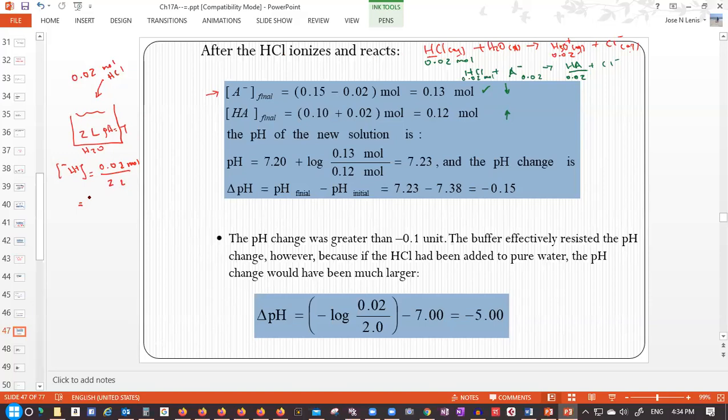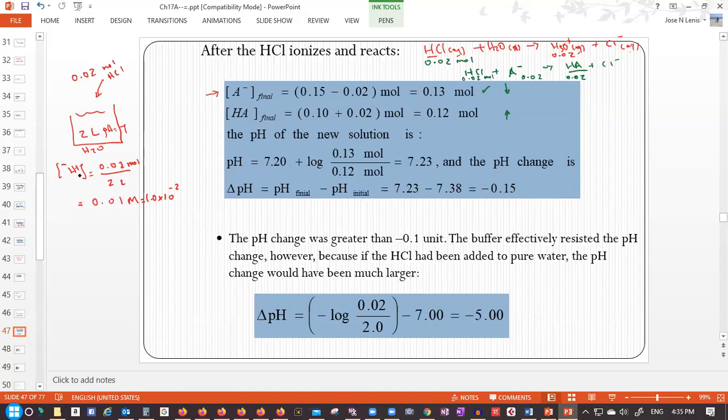So the concentration is 0.01 molar. That is 1.0 times 10 to the negative 2.